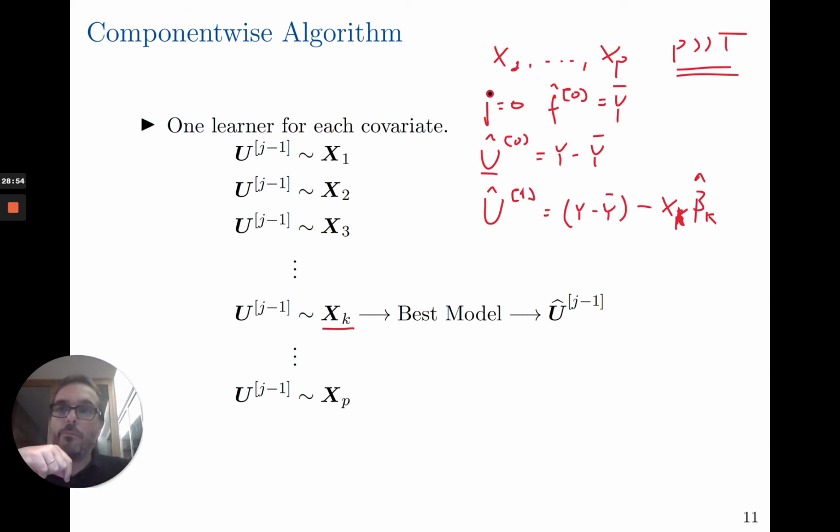It's called component-wise algorithm because it's fit for linear models, okay, where the weak learner is a simple univariate regression. And at each step, we are going to pick the regressor that fits the error term the best.